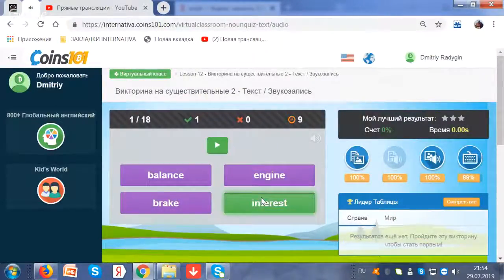Interest. Reward. Adjustment. Engine. Harmony. Company. Manager. Balance. Work.